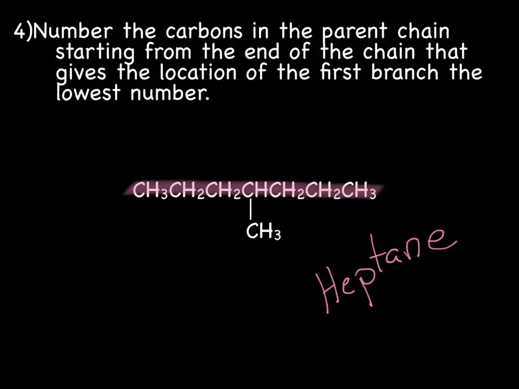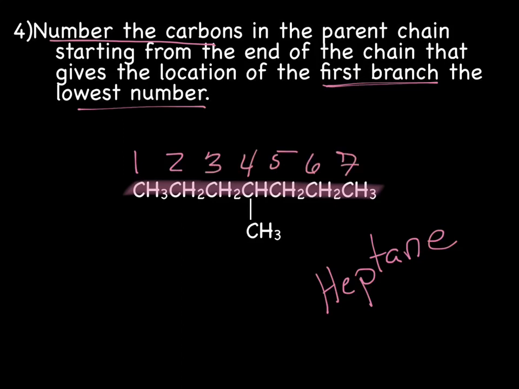All right, the next thing we need to do is number the carbons in the parent chain, starting from the end of the chain that gives the location of the first branch the lowest number. Okay, so if we start counting left to right, we have 1, 2, 3, 4, 5, 6, 7. So that puts the branch at carbon 4.